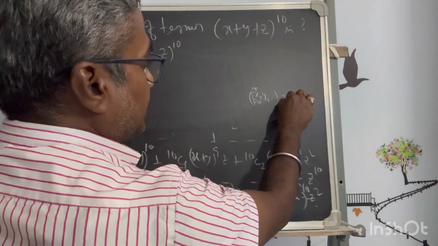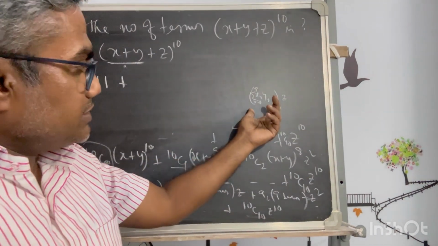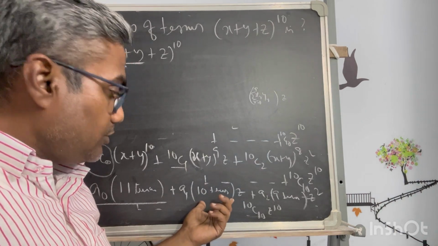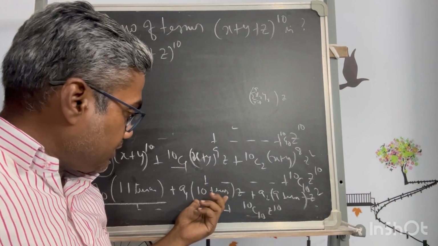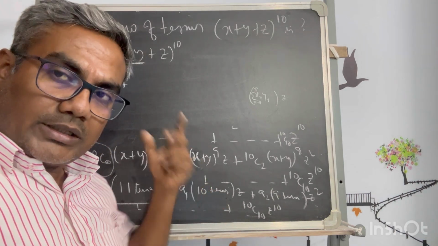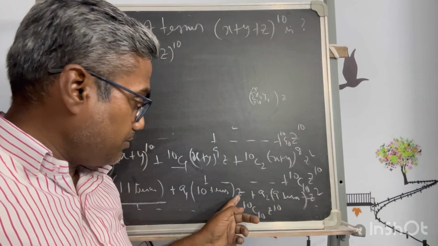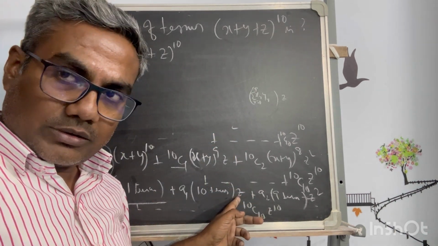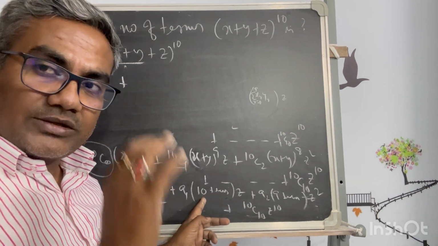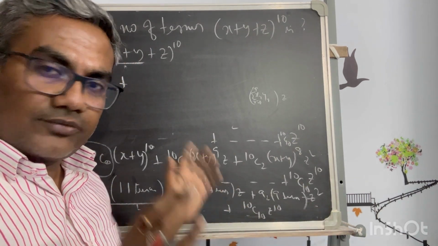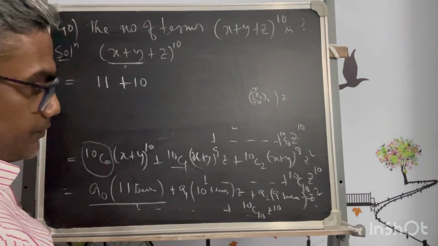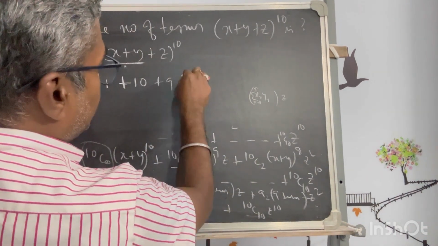If I multiply by z, is there any change in the number of terms? No, the number of terms remains whatever is inside the bracket. Multiplying by another variable will increase or decrease the value of the terms, but the number of terms will remain the same. So this part will contain 10 terms, the next will be 9, and so on.